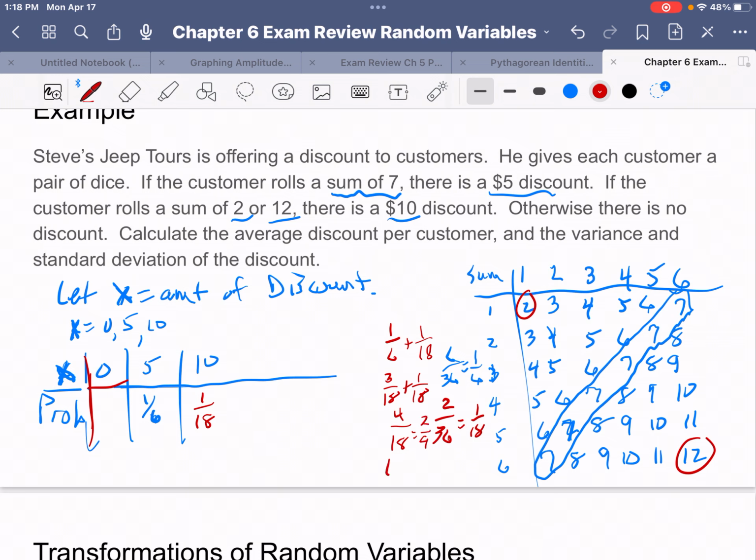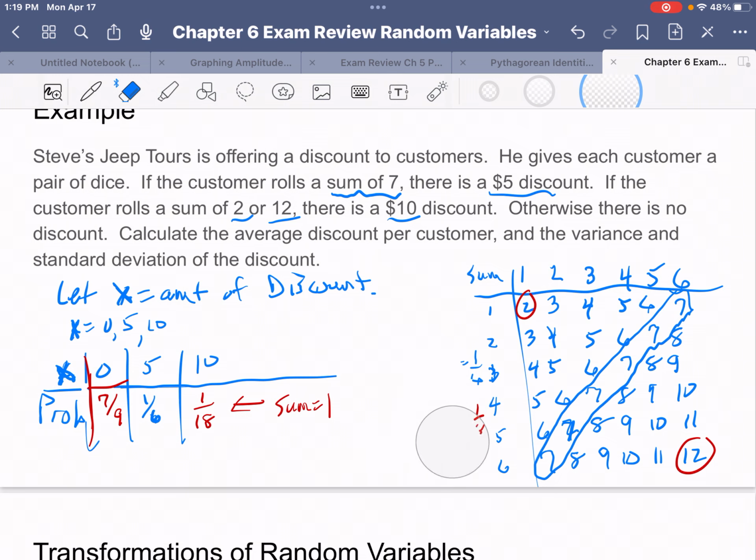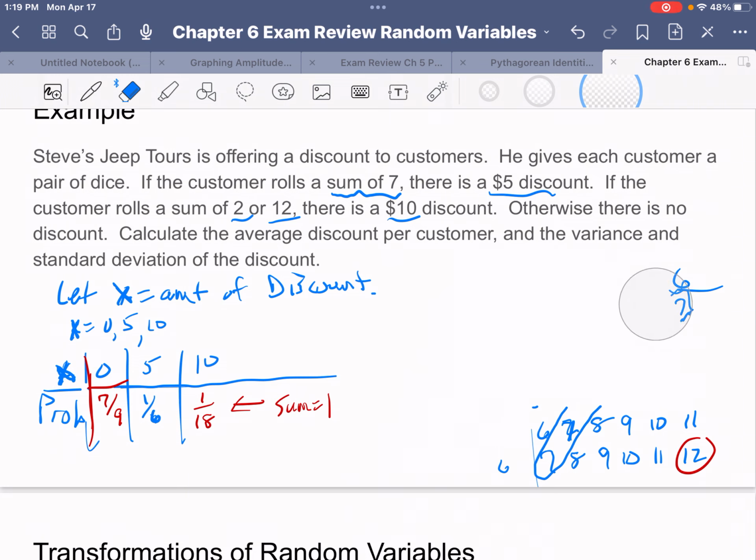So if I take 1 minus 2/9, I should put a 7/9 there. Remember that the sum must equal 1. Now, I'm going to erase all this. That was just me showing you how I was calculating those probabilities.